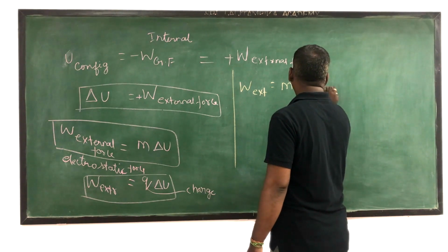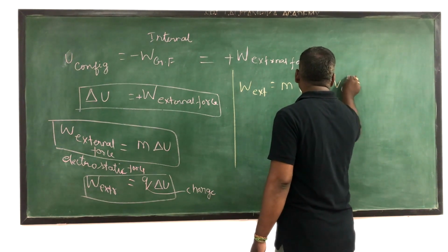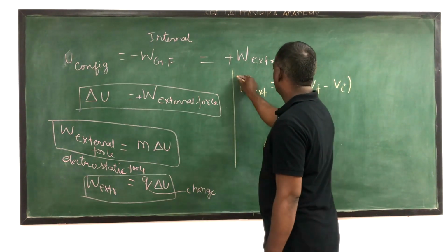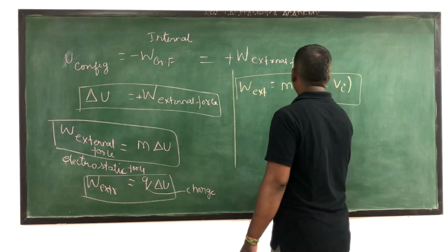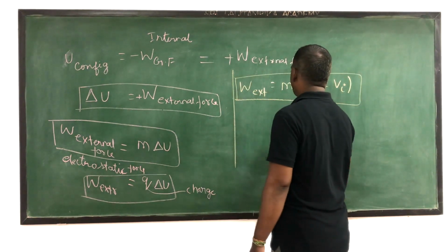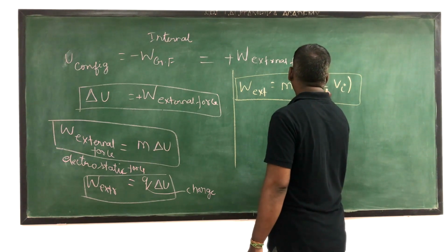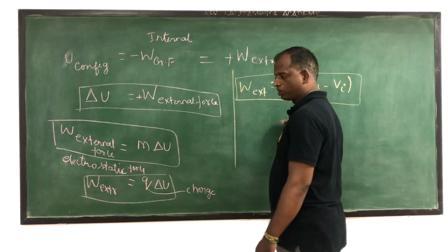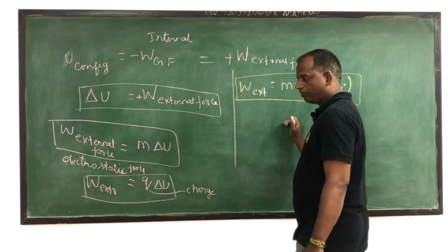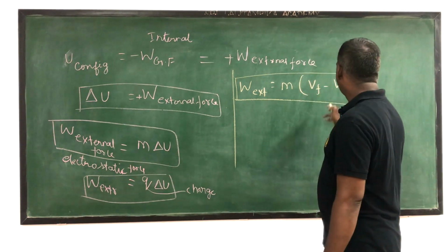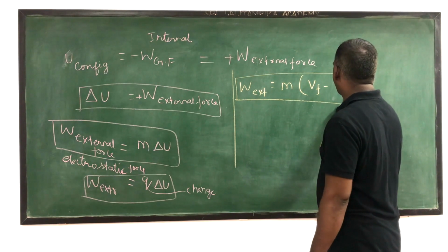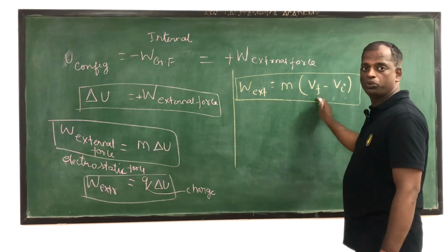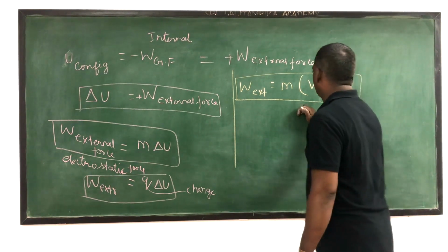V final minus V initial. So work done by the external force, we can say, is mass into V final minus V initial. Or we can say V final minus initial, or from infinity to the initial state, whichever.